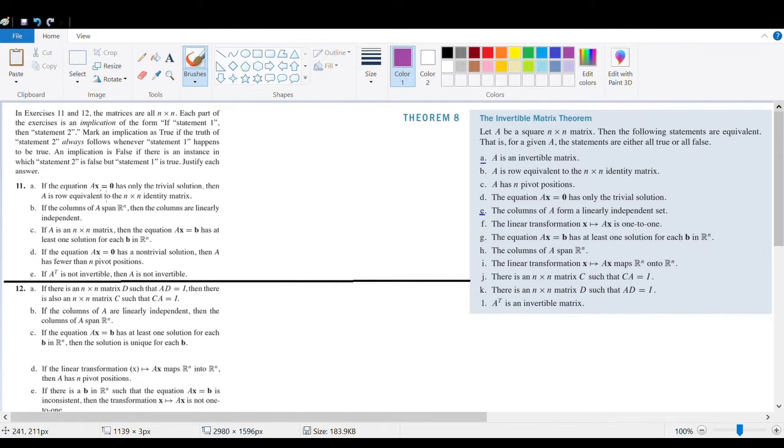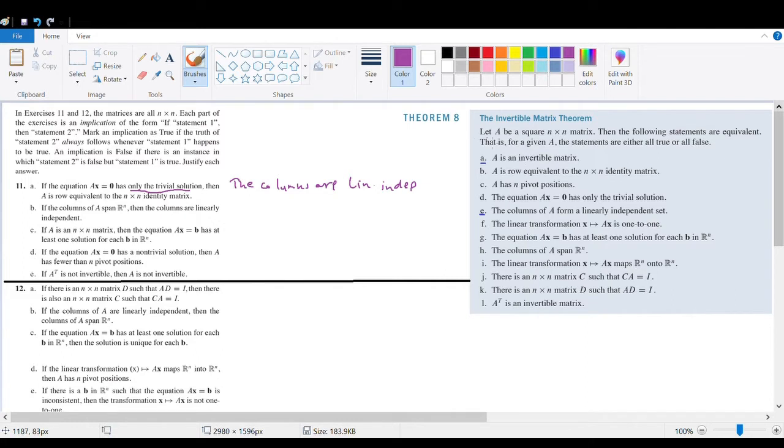If the equation Ax is equal to 0 has only the trivial solution, then A is row equivalent to the n by n identity matrix. If the equation Ax is equal to 0 has only the trivial solution, that means the columns of A are linearly independent.